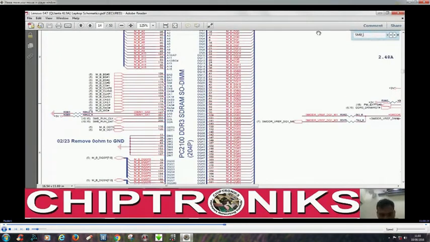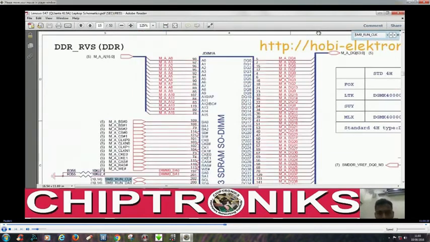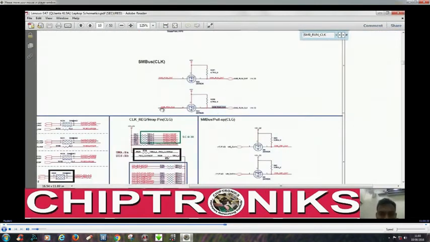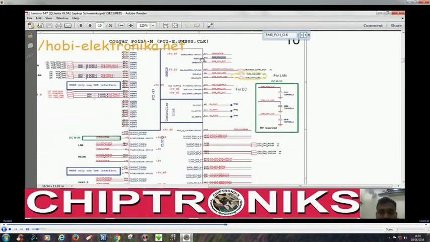We check this CLK again, and you can see the SMB run underscore clock is connected with the SMB PCH clock, which is connected with the SMB clock, and it is fed by 3V underscore S5 voltage. That is, this section is turned on in the beginning.